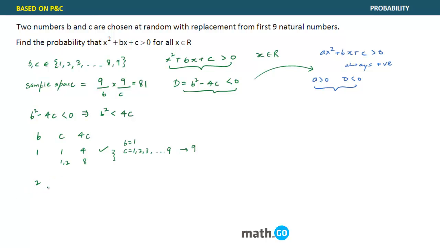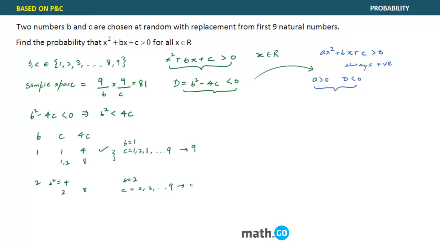Let's put b equal to 2. Then b square is 4. What is the minimum value of c that will satisfy now? 2, absolutely correct. If you put c equal to 2, 4c is 8, which is greater than b square. So c can take values from 2, 3 up till 9.